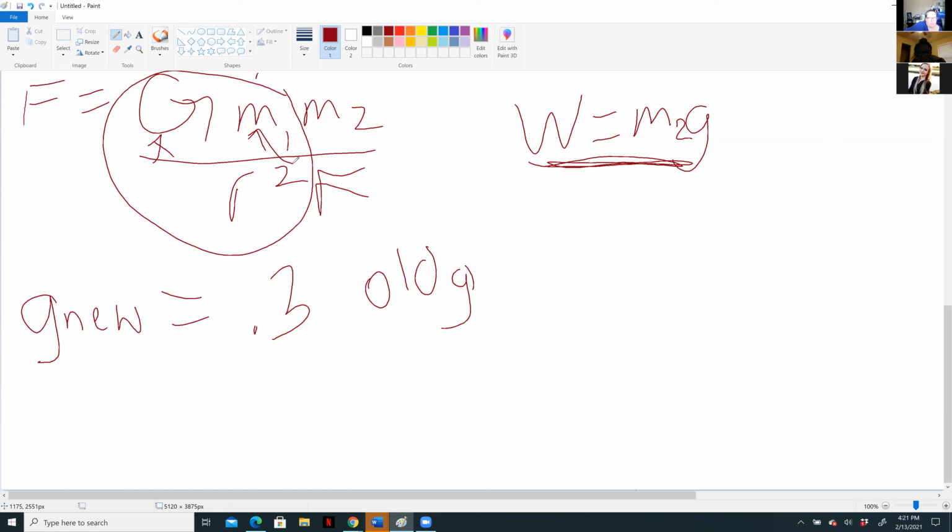But basically, let's just plug it in so you guys can see. Times G times the mass of the Earth over R squared. But the only thing that's changing is R. So you want to know what happens to R to give 0.3.